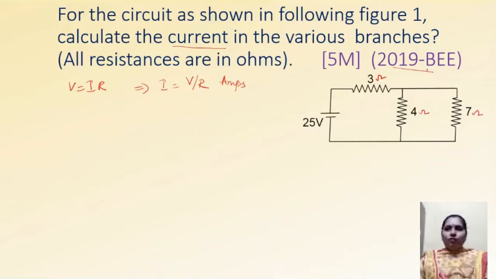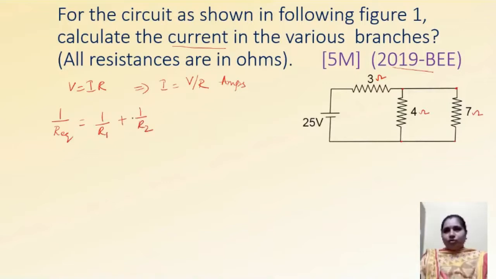If you observe here, the resistors 4 and 7 are in parallel because they are connected to the common terminals. What is the formula for parallel? 1 by R equivalent equals 1 by R1 plus 1 by R2.